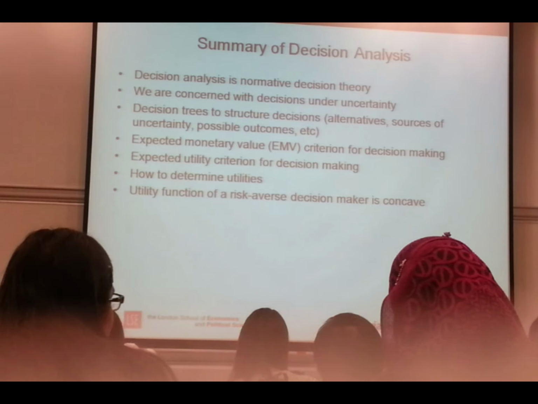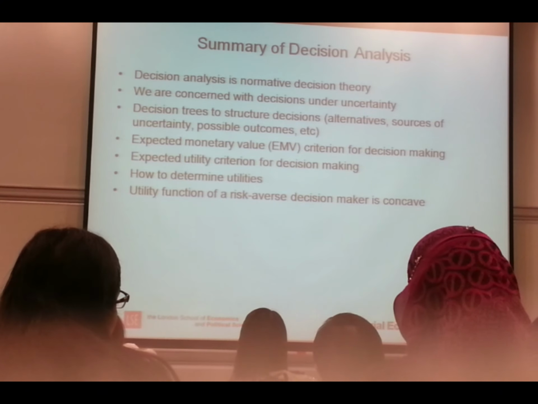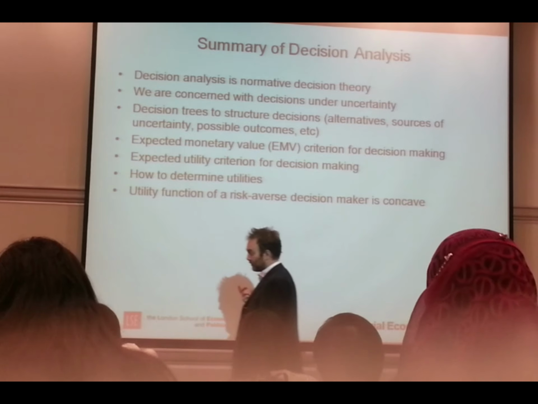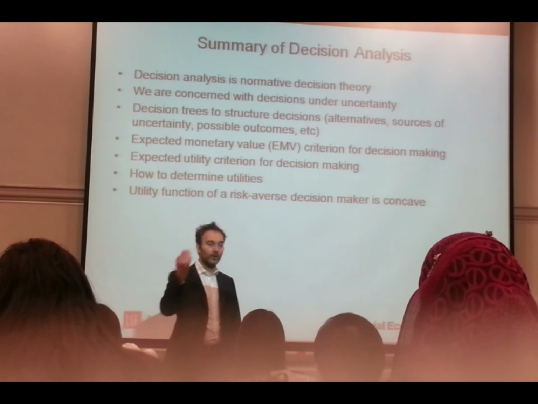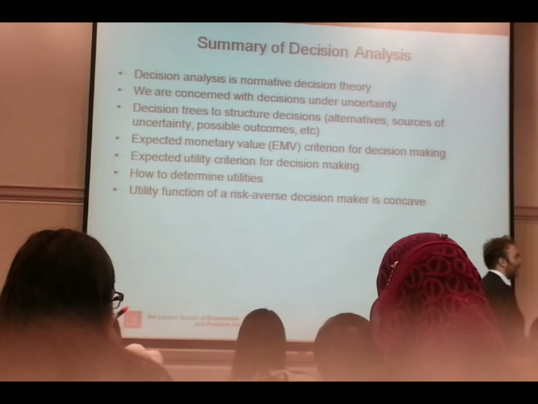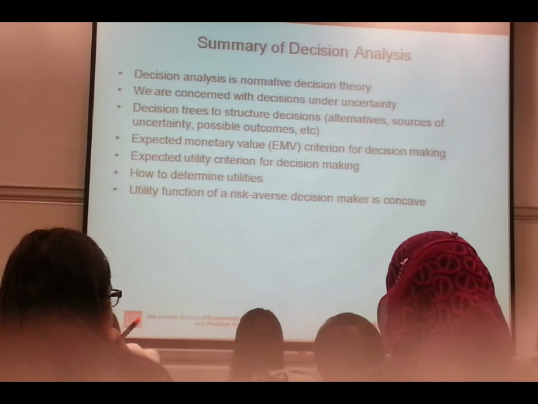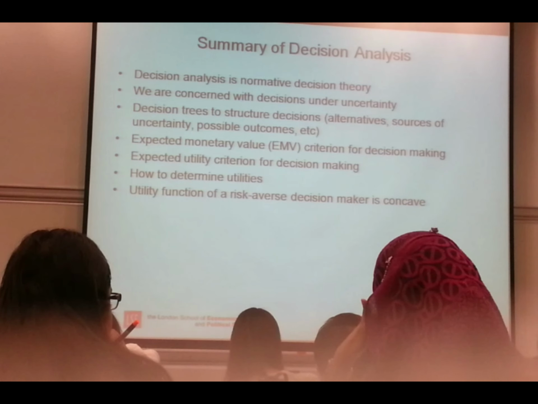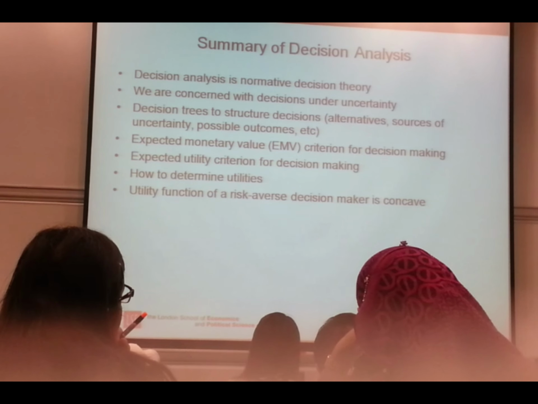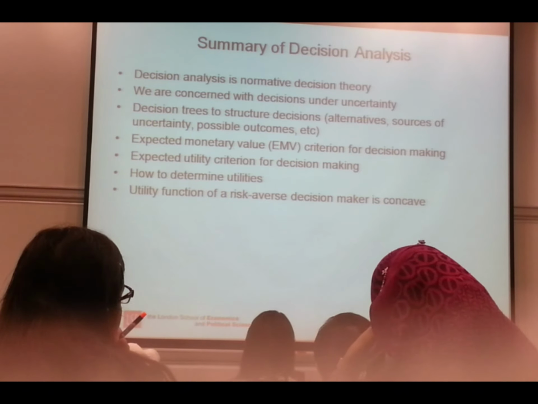Then every monetary payoff in between the highest and the lowest will have to conform to a utility value somewhere between 0 and 100. We'll have an opportunity to do that in just a second. And then we also found out what the shape of utility functions is, and the utility function of a risk-averse decision maker is concave.